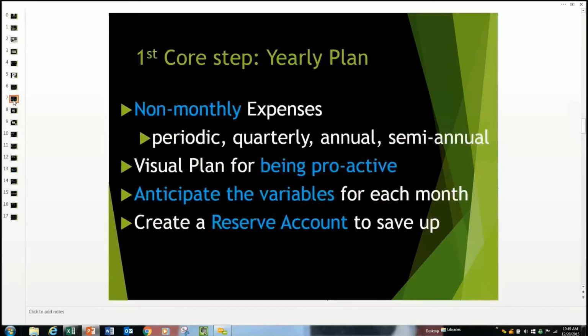And in this case, its first core step, the yearly plan, it's basically a yearly picture referring not to every expense for the year, but instead a way to proactively anticipate and map out all those periodic, irregular, occasional, and non-monthly payments and expenses that show up throughout the year and seem like complete surprises.